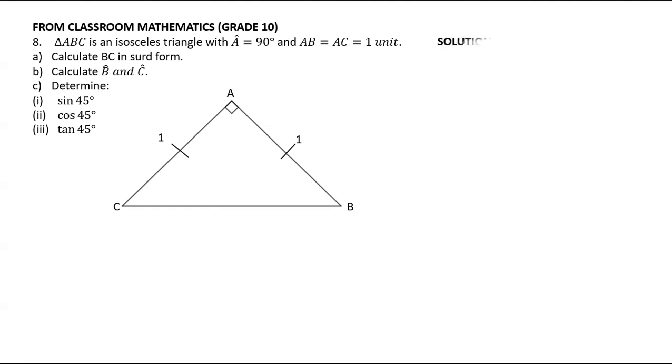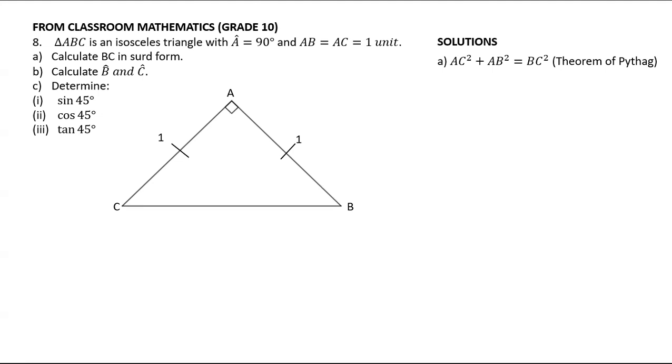What we are going to do is use the theorem of Pythagoras, which simply says that the sum of each side squared will give you the longest side, which is the hypotenuse, and the hypotenuse in this case will be BC.